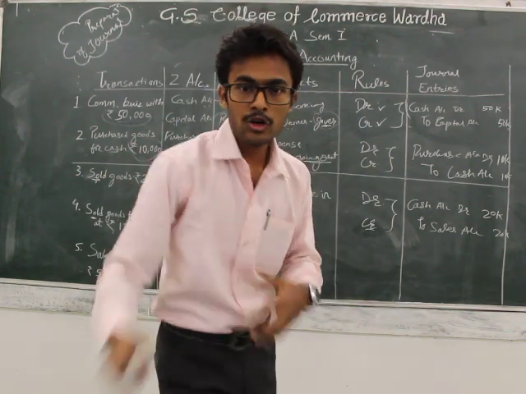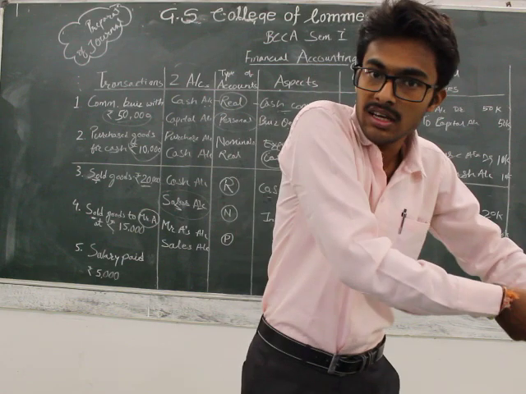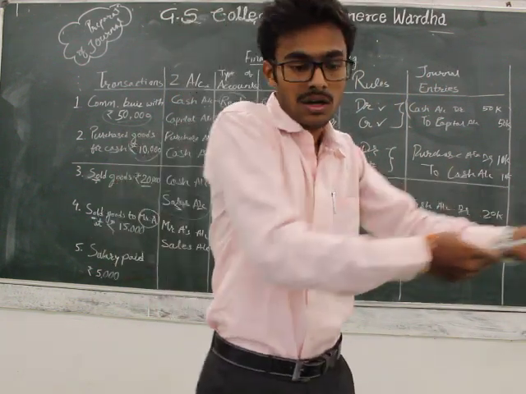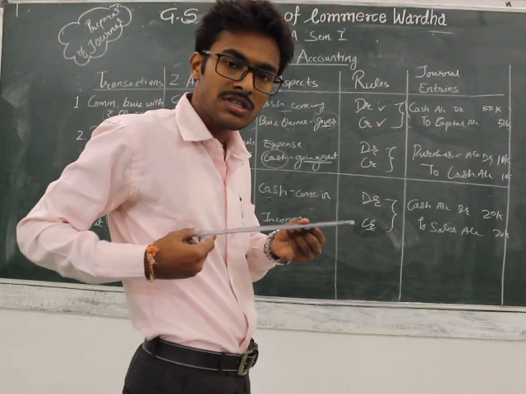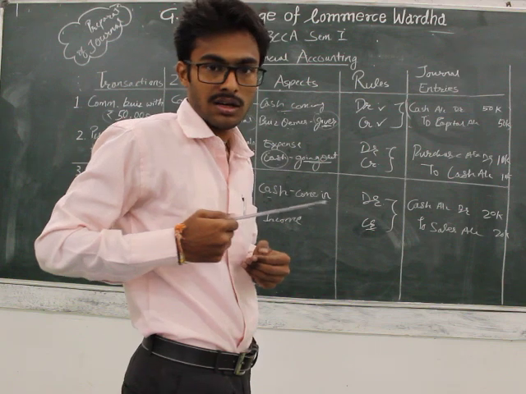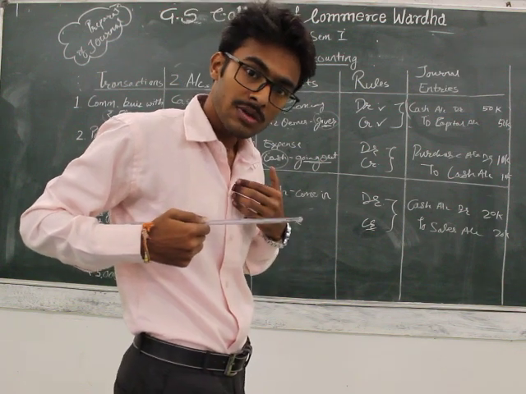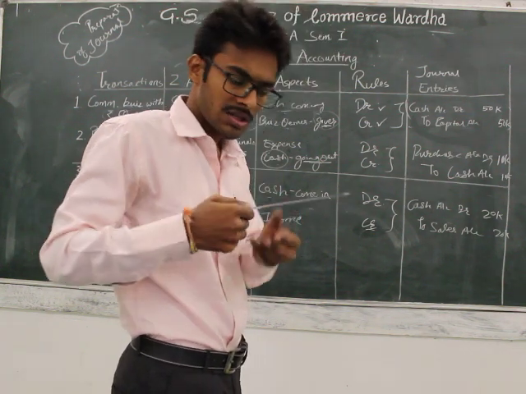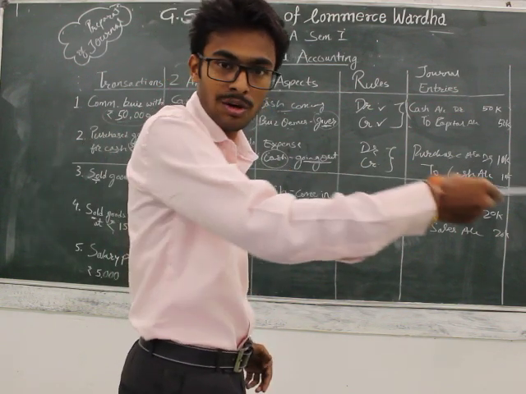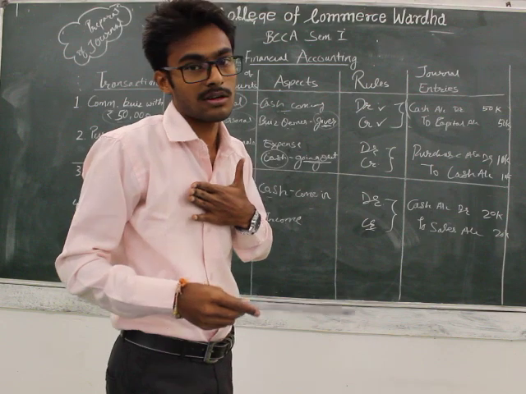We have sold goods to Mr. A, which means we will be providing goods to Mr. A. These are our goods, and we are giving them, so we are the giver.